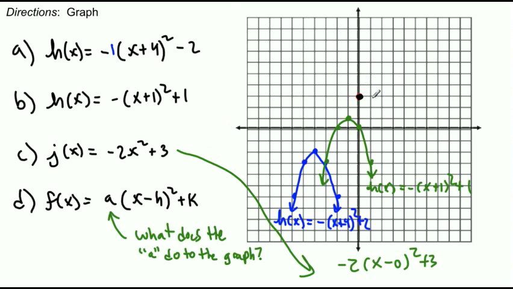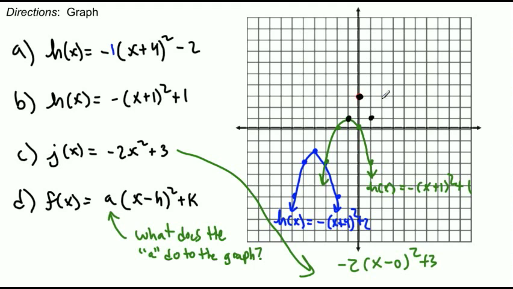Now watch this. I usually go over 1, up 1 times a. But my a is -2, so over 1, 1 times -2. 1 times -2 is -2, so that means I'm going to go down 2. Over 1, down 2. And then over 2, you do 4 times a.